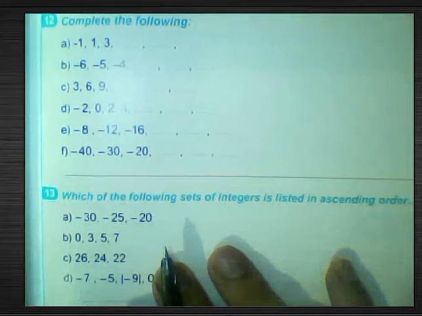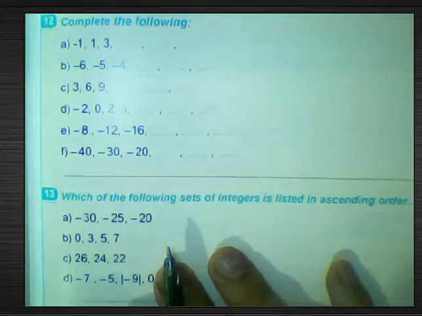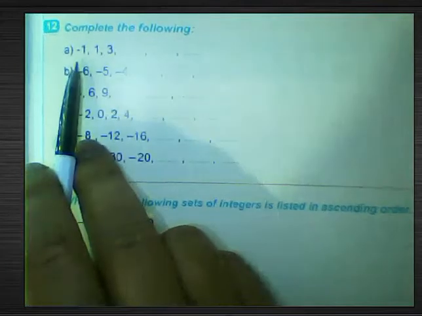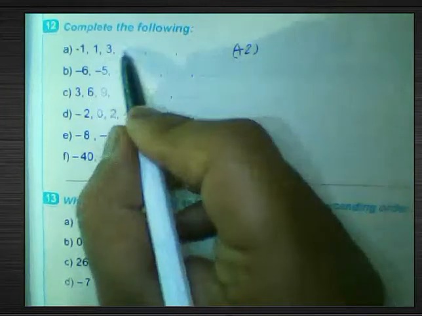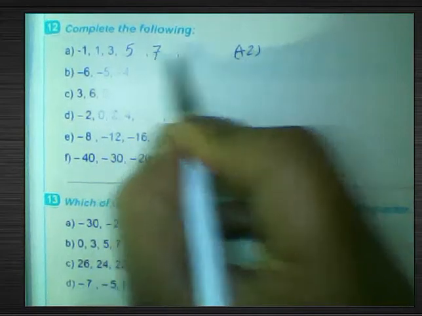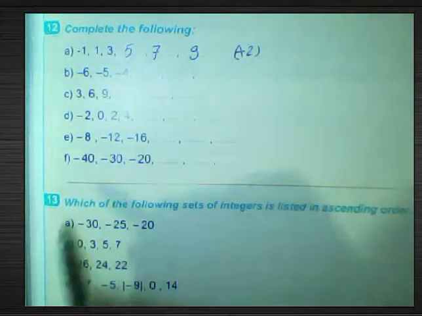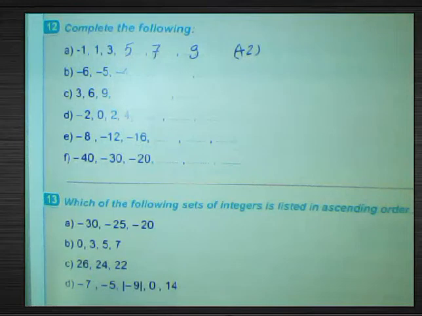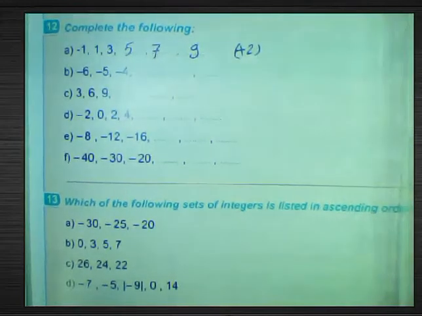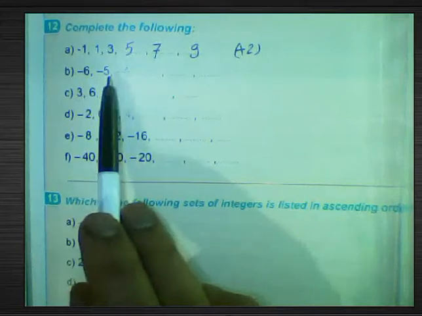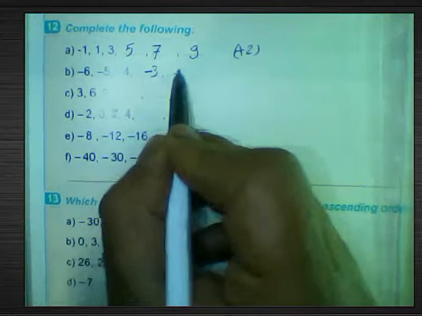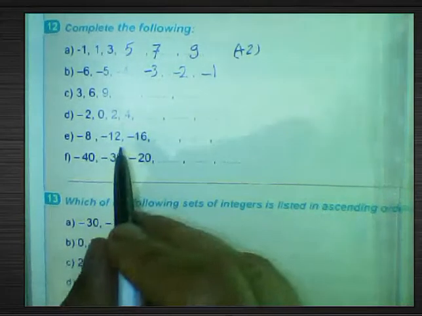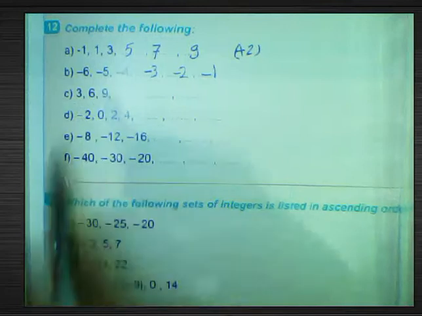Complete the following. -1, 1, 3. He adds 2 in this example. 3, 5, 7, 9. Next question. -6, -5, -4, -3, -2, and -1. 3, 6, 9.